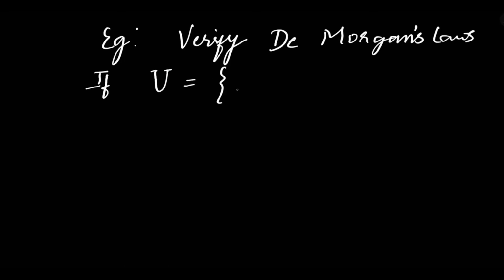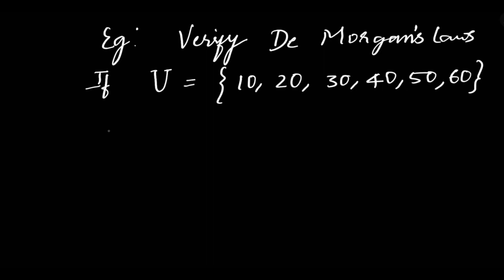Now let us see an example on how to verify De Morgan's laws. There's a question saying: verify De Morgan's laws if it is given that a universal set contains these elements: 10, 20, 30, 40, 50 and 60.